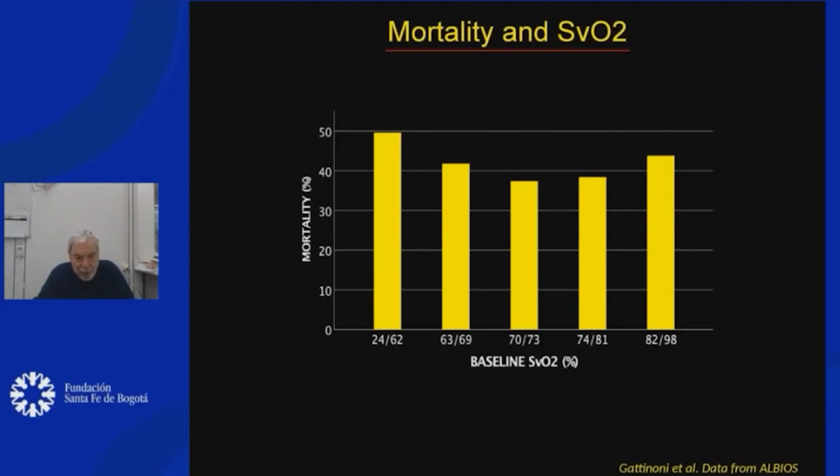Here the SvO2 was between 24 and 62, from 63 to 69, 70 to 73, 74 to 81, 82 up to 98. I don't know if 98 wasn't an error, but you have a significant U-shaped curve. So the worst outcome is when SvO2 is too low or when SvO2 is too high.